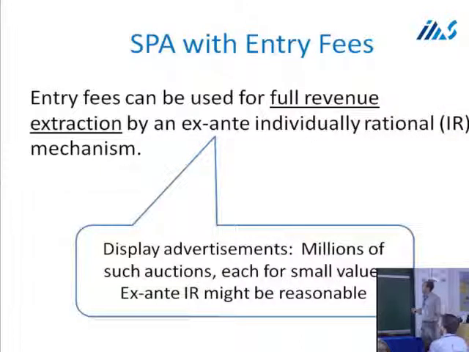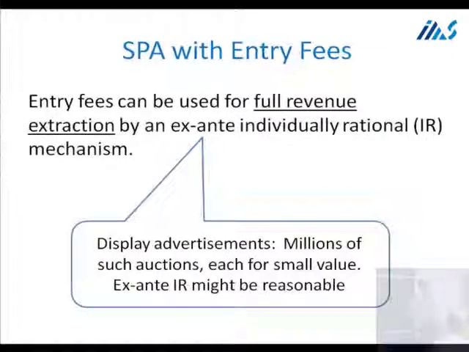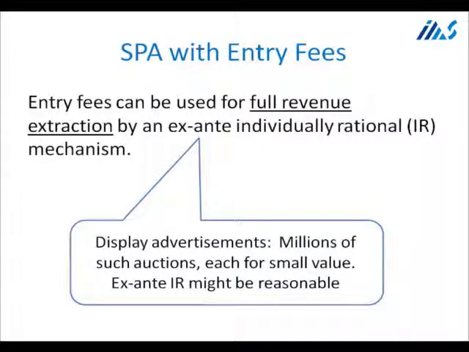But we can actually get full revenue extraction if we charge entry fees. So if we have full knowledge about the environment, we know exactly the priors and everything, we can compute the expected utility of every buyer from participating in this auction, and just charge this in advance as an entry fee.